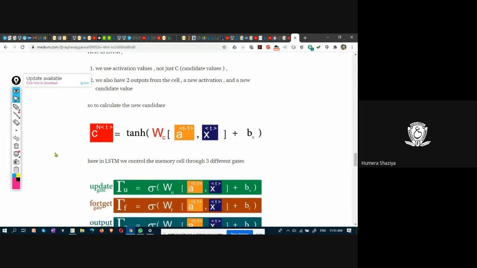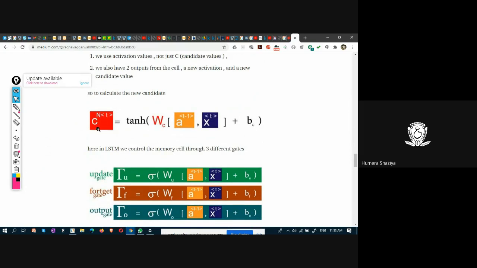So what will be the new candidate? It is determined from the weight of the previous state, current input, and bias, and you apply tanh on this.